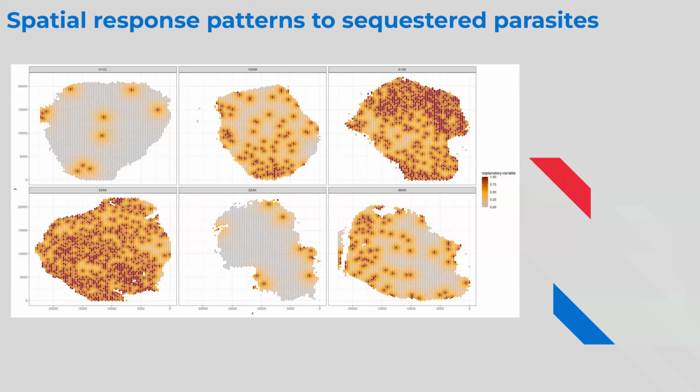And this is how it looks in the 6 patients, and you can see there's quite some differences. We excluded from further analysis these 2 because essentially everything seems to be a sequestered parasite, which is not really possible.